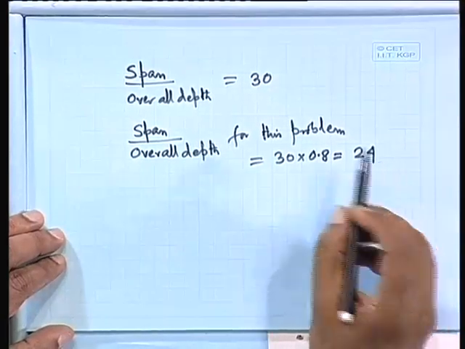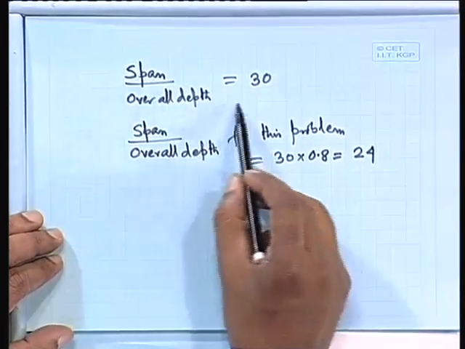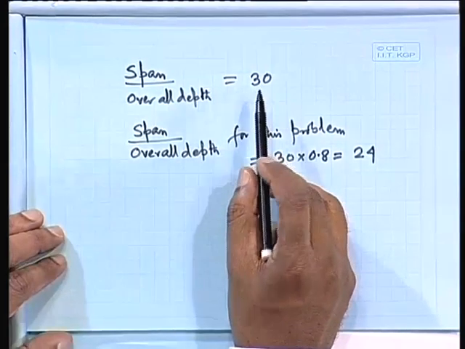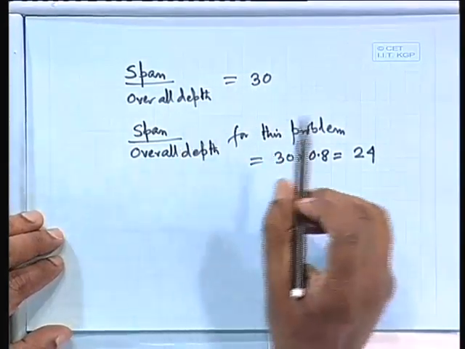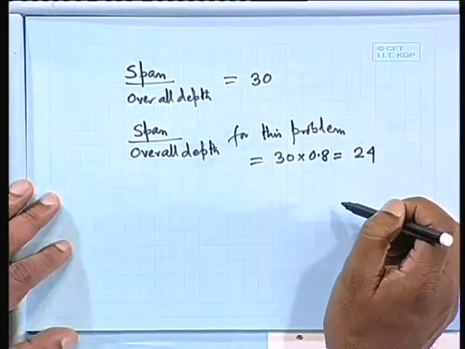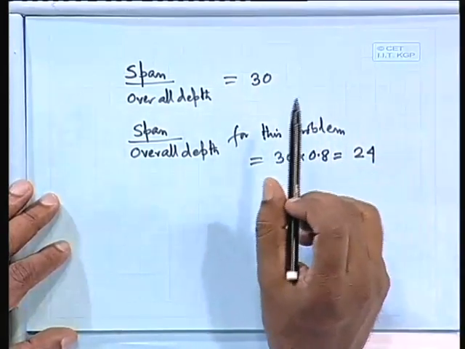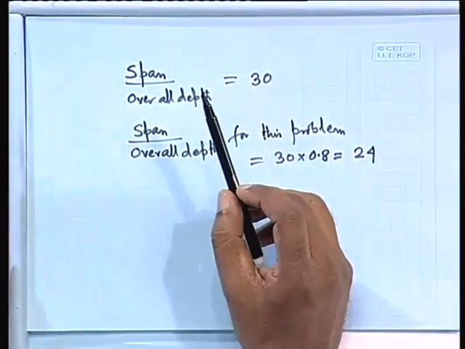If I am taking this one span by overall depth, that one say I am taking 30, because that one in our case is mild steel. Why I am taking that one for the time being, because it is not exactly matching with that mild steel, because in our case the clause says it is for mild steel up to 3.5 meter, and also the loading will not be more than, sorry, 3 kilonewton per square meter.